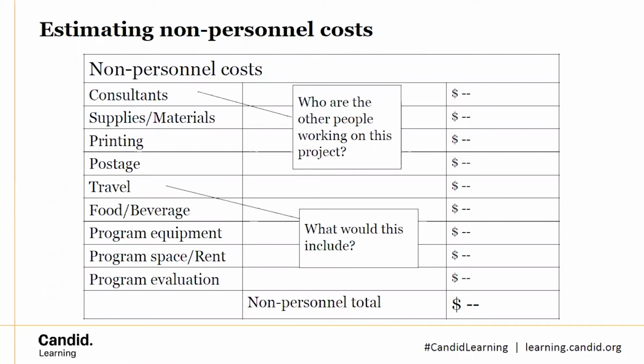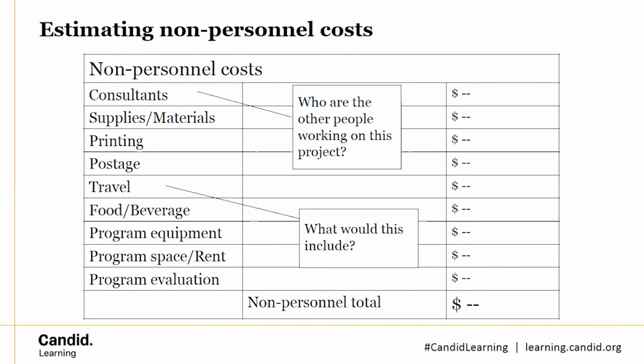So after dealing with all of the people who might be working on the project, except our volunteers, because we mentioned we're going to discuss that a little later, think of all possible expenses that could have an estimated dollar value. Try to think of as many of them as you can. If you have a line item for travel, that can include gas, mileage, airplane tickets, hotels, anything related to that.